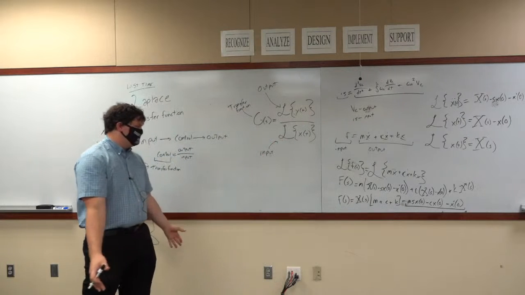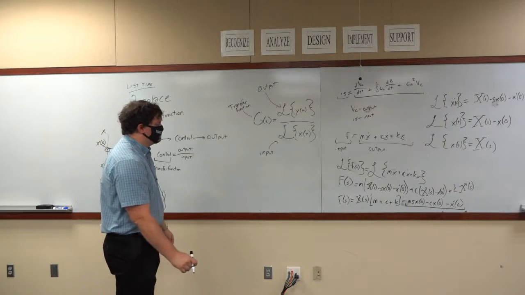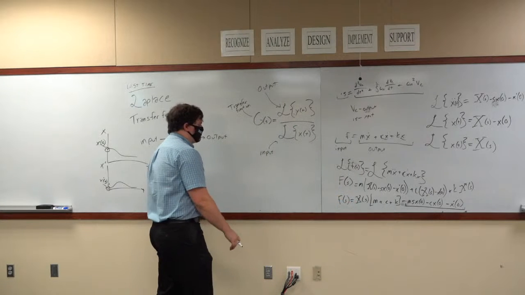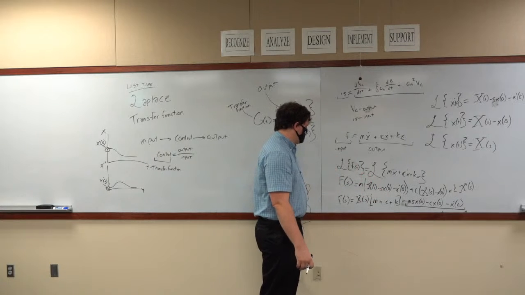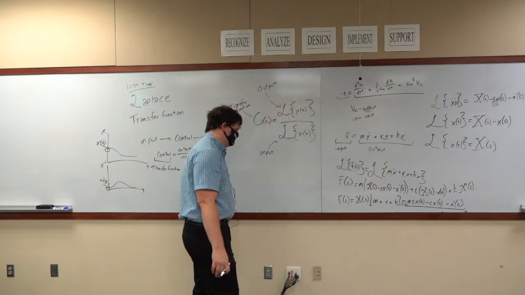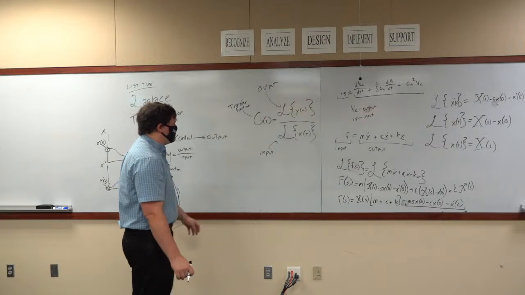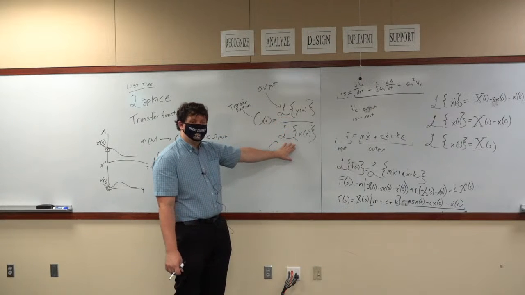So the transfer function that we're going to end up having to create here, this is the input, this is the output, is we're going to have to clean up both sides, and we're going to have to get X of s divided by F of s.